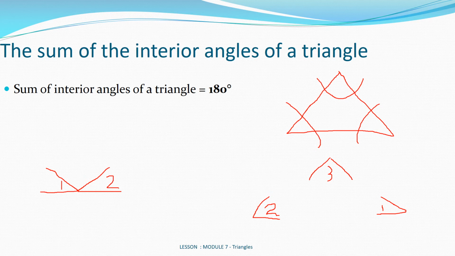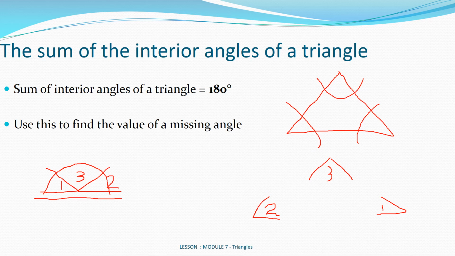Automatically, the third part, if you look at that, if it's inverted, now adding all those 3 together, they give us 180 degrees, meaning a straight angle. Hence, we always say the addition of the interior angles of a triangle will be equal to 180 degrees.